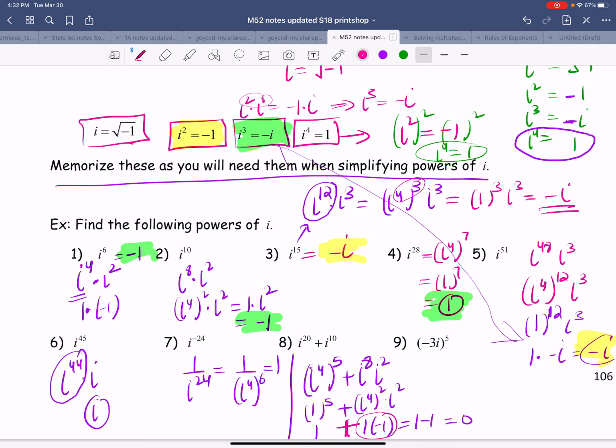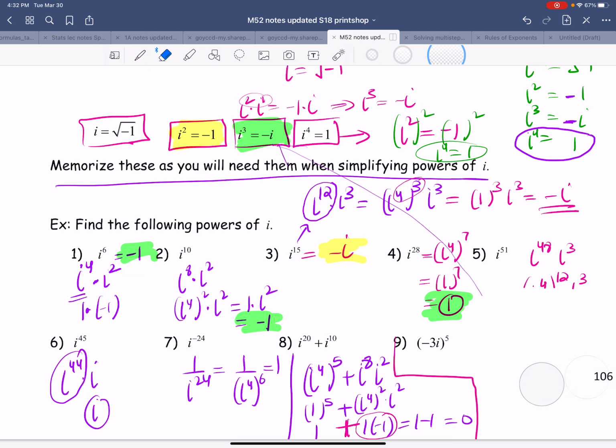All right, next example, I'm going to clean up, give myself a little more room, and ignore the page number. That's not needed. Negative 3i to the 5th power. Well, we can write it as negative 3 to the 5th power times i to the 5th power.